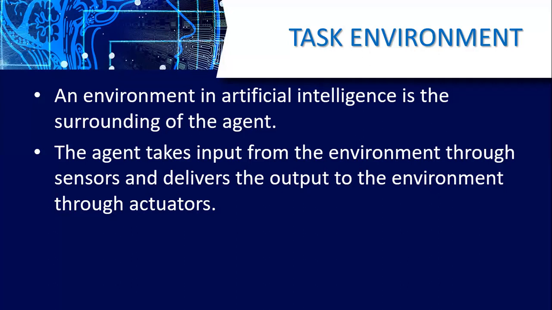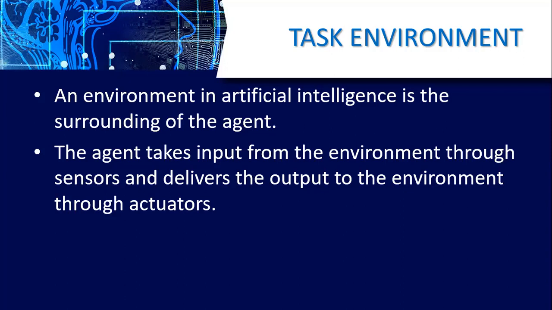For example, an automatic vacuum cleaner will be considered as an AI agent. That machine will be considered as an agent. It will observe the environment, the surrounding in which it is working. Based upon the observation and data which it gets from the surrounding, it will take the decision to work or progress in that particular environment.